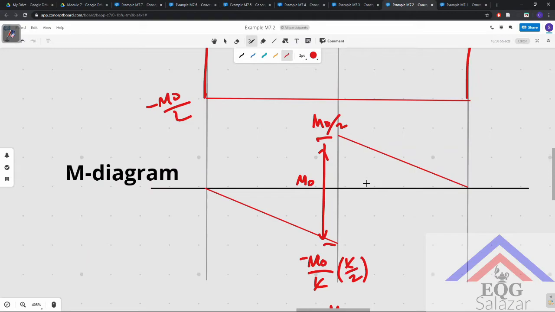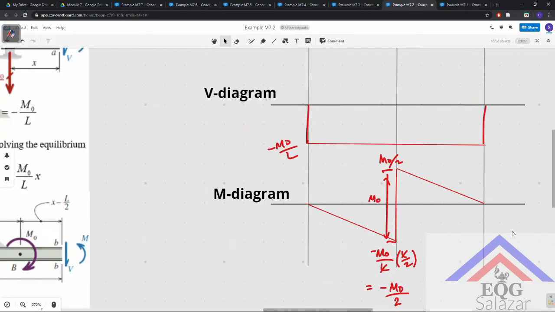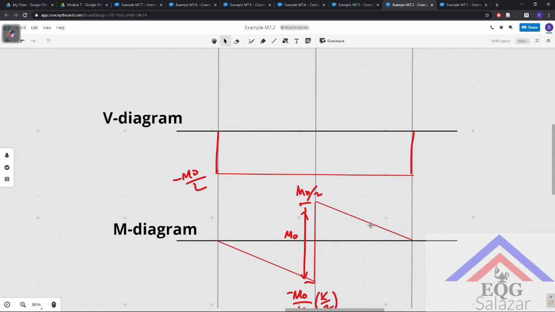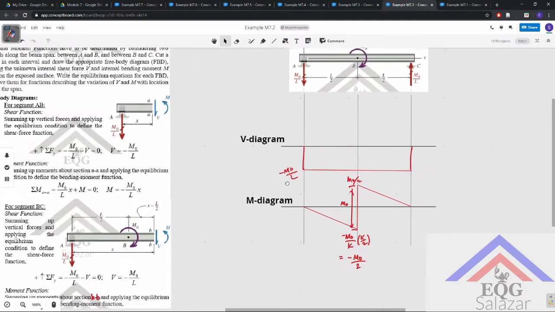So we can finish this off by connecting the two points, and therefore you have the shear and moment diagram of this beam right here.